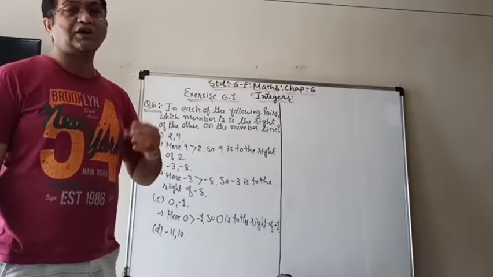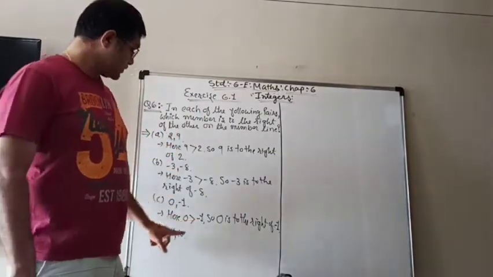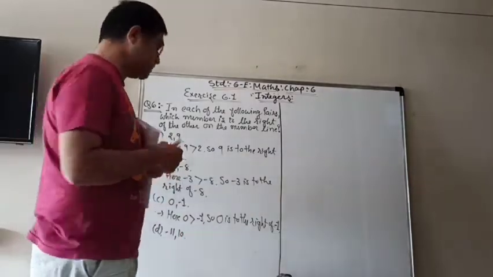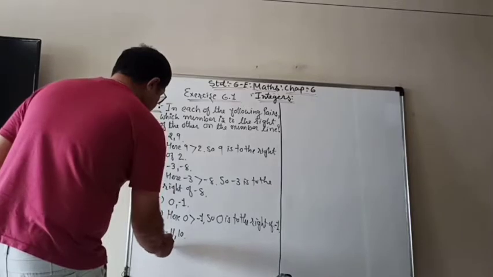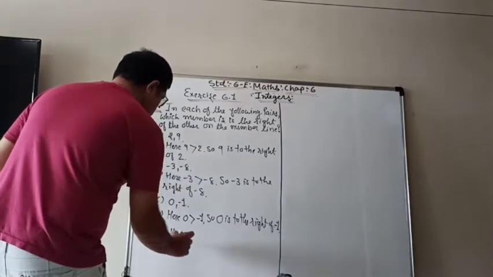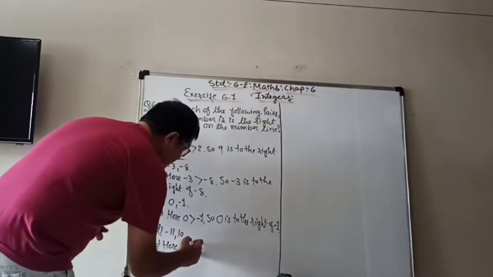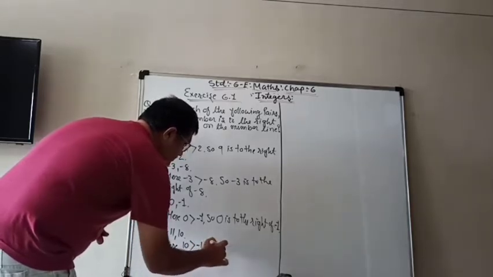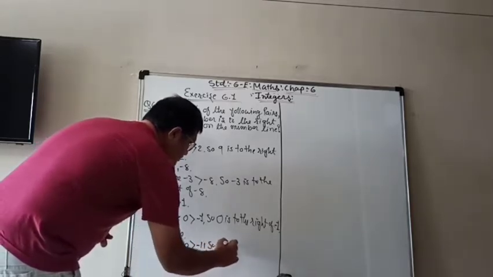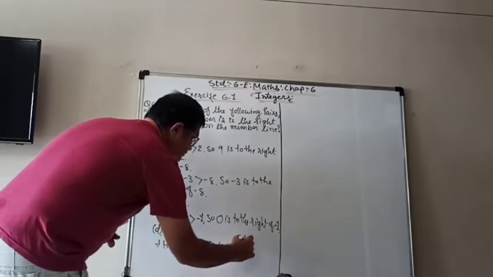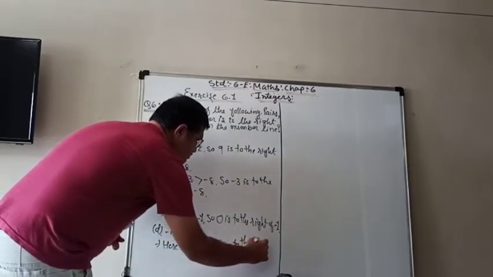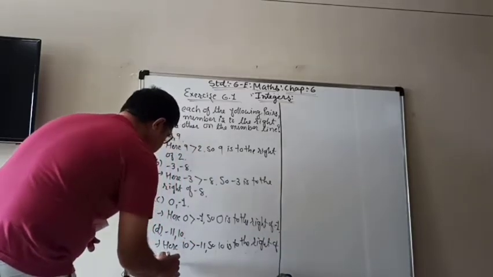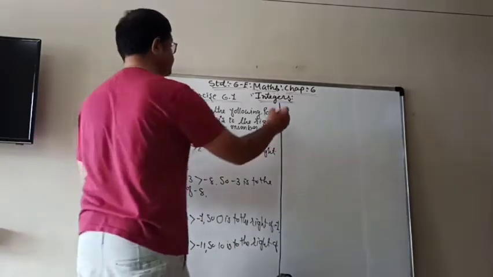They are even smaller than 0. So here 10 is greater, not -11. So 10 is greater than minus 11. So 10 is to the right of minus 11.